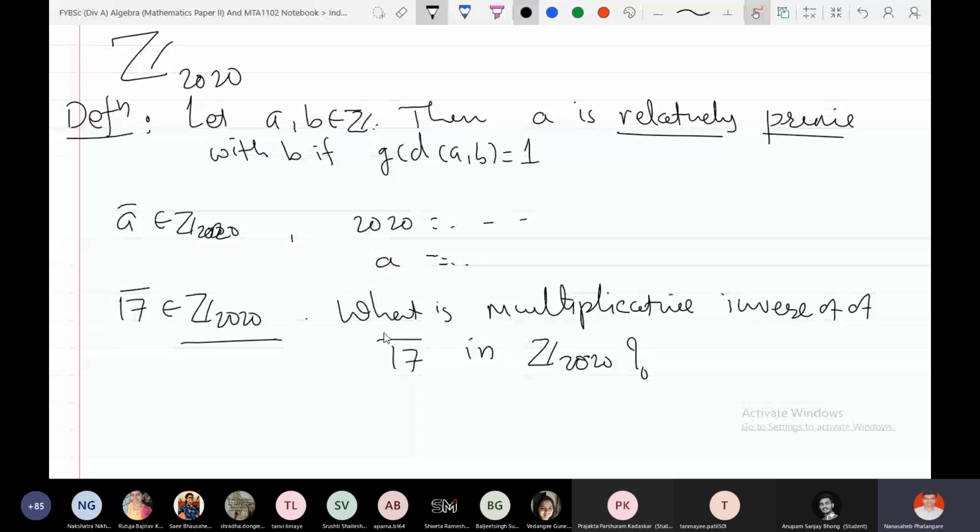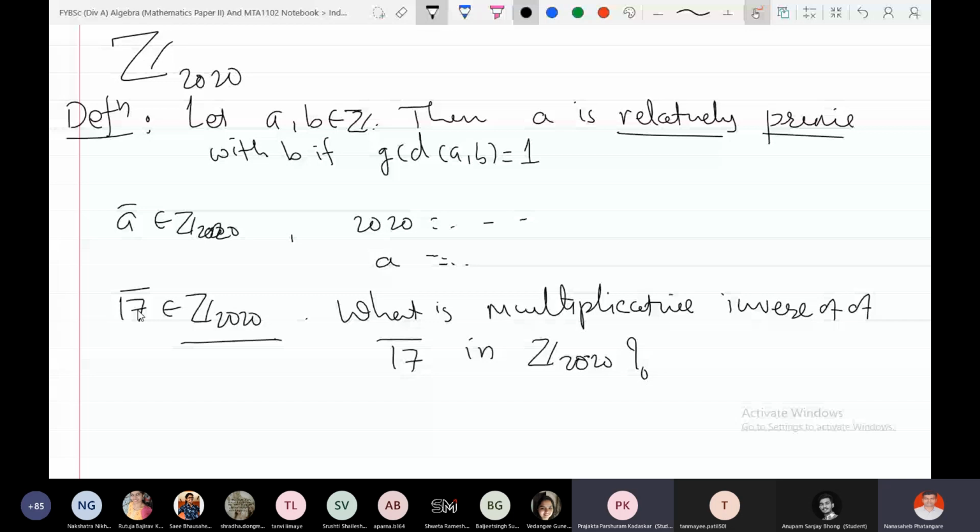A little bit difficult, not really, because Z 2020 has how many elements? 2020 elements. And 17 bar definitely possesses a multiplicative inverse, because GCD of 17 with 2020 is 1, because 17 itself is a prime number, so no factor other than 1.